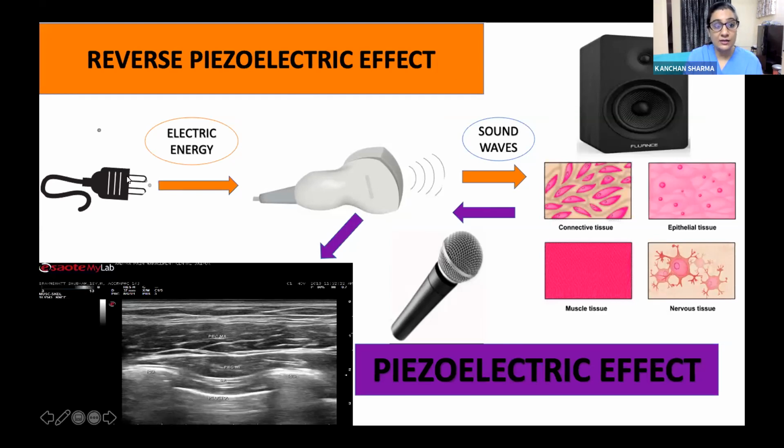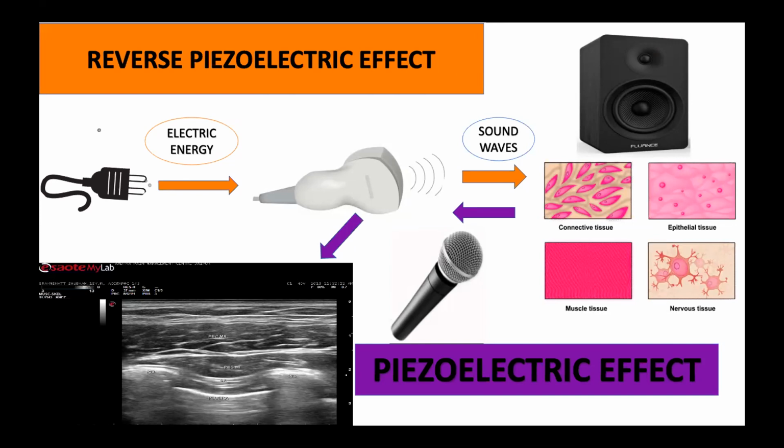I am converting the electrical energy into mechanical energy. Once the sound waves are emitted from this transducer, they will be traveling through the various tissues, and on the basis of the acoustic impedance between the two, they will be getting reflected back to the transducer.